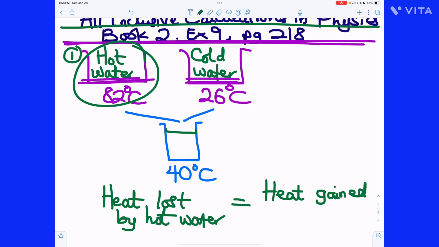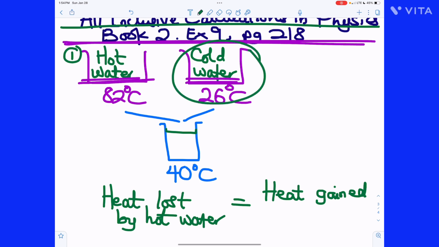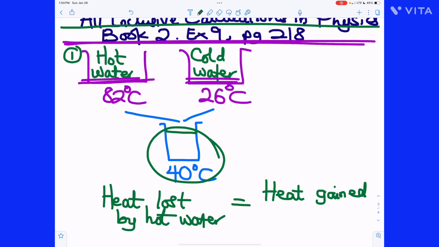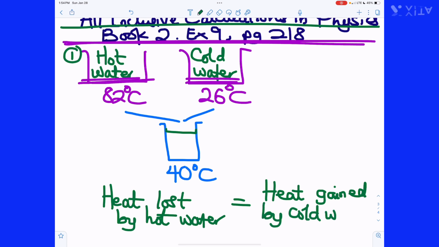Hot water will lose some heat, cold water will gain some heat. So they now attain thermal equilibrium, where both of them have the same temperature, 40 degrees Celsius. So heat lost by the hot water is equal to heat gained by cold water.